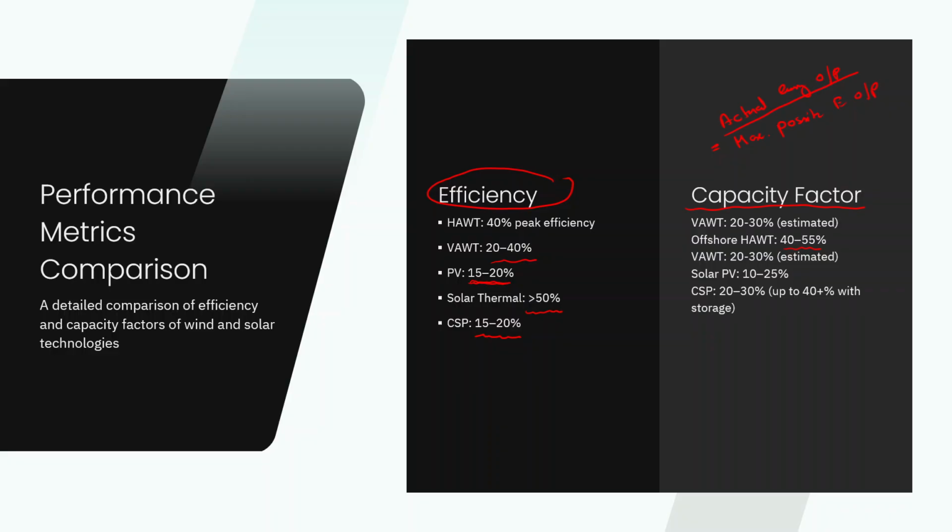In different seasons, the availability, direction and speed of the wind will be different, so the capacity factor varies. Solar PV systems typically have a capacity factor of 10 to 25%, whereas concentrated solar power plants have 20 to 30%, and if you utilize storage, you can go up to about 40%.